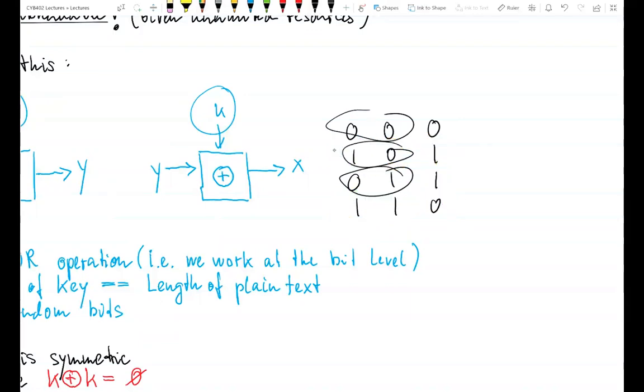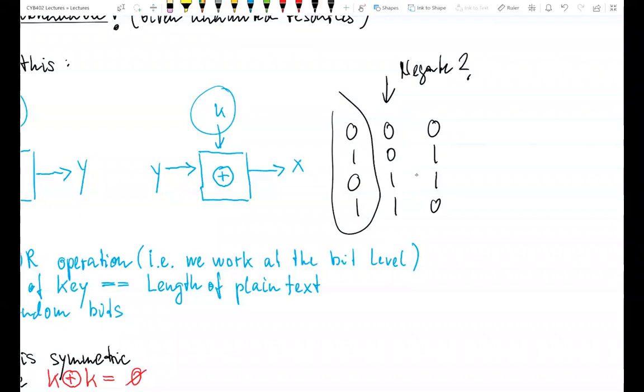Another way of looking at it is to consider this bit here as a question: negate? The question negate is applied to the bits on the left-hand side.